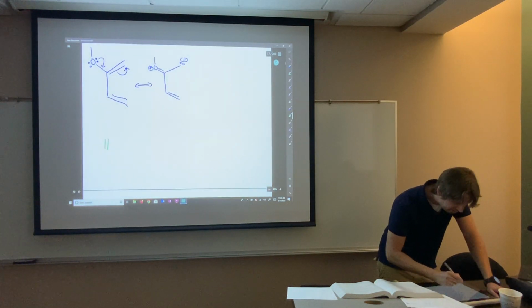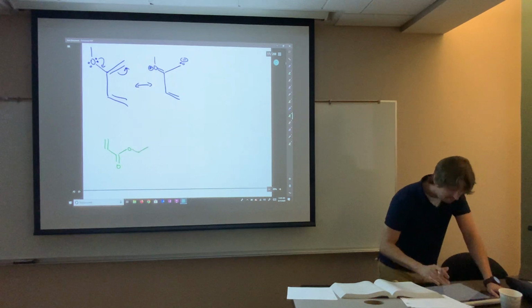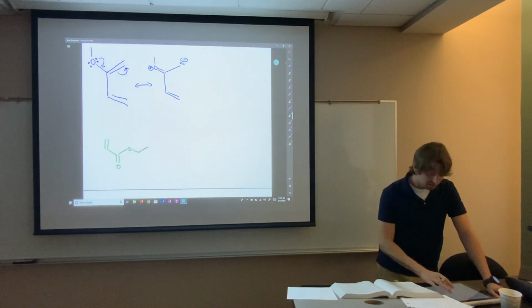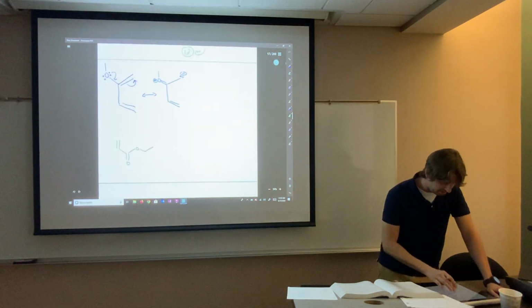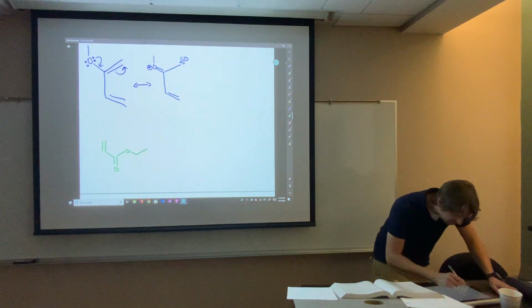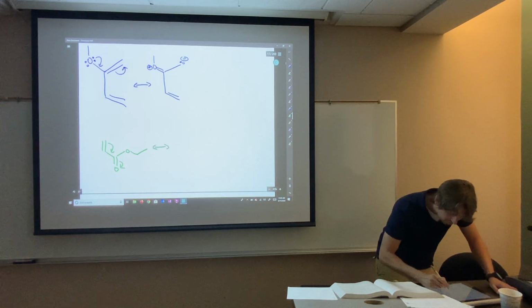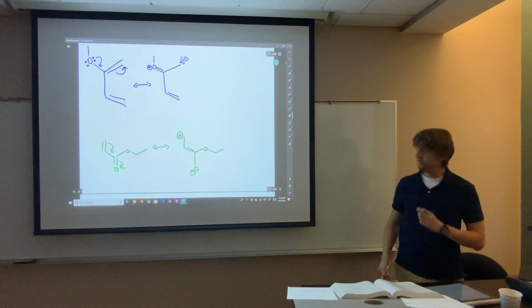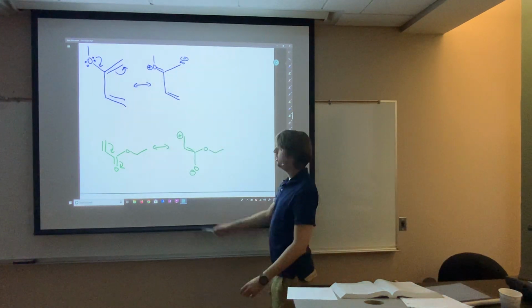So here is the example that we had, right? Or did I use an aldehyde? No, I used the ester. Okay, good. So now we draw a resonance structure here also. Okay, you guys with me on resonance structures?